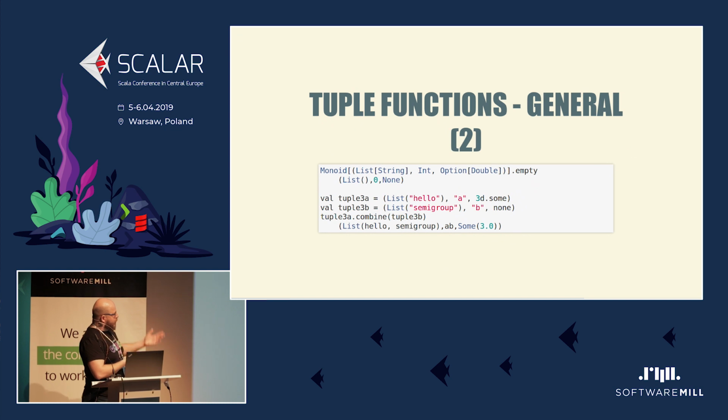For example, here you get a neutral element for a tuple of list and option, and it just infers from the types what the type classes are, what the neutral elements are. And as I said, it's a semigroup, so combine also works, and you get those attributes combined in a way that should be expected. However, of course, if you have a lot of 3-tuples and 4-tuples, you should use some other representation, like case classes.